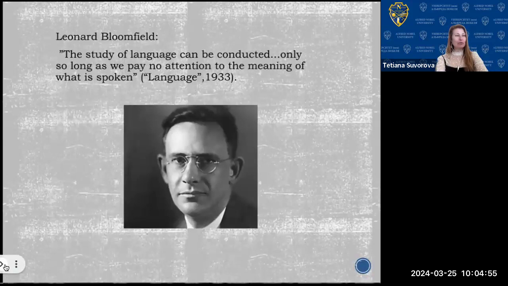Okay, so Bloomfield considered that we should pay attention only to the formal characteristics. So we should learn the forms. We shouldn't take the meaning. How can we take this meaning? Because it's hidden, we don't know how to deal with this.